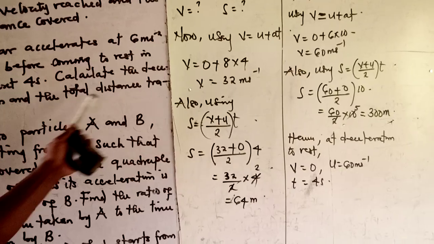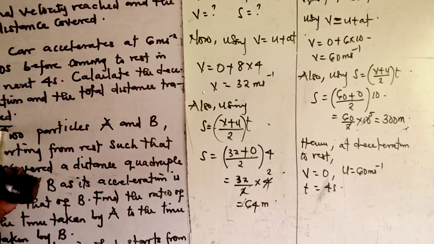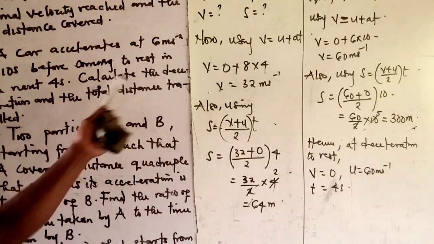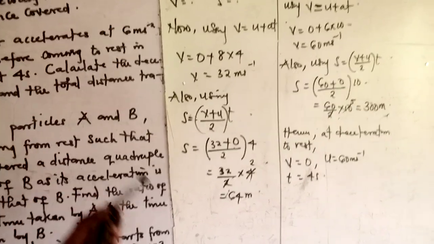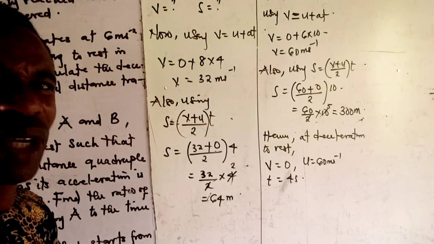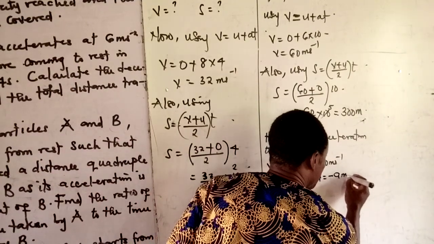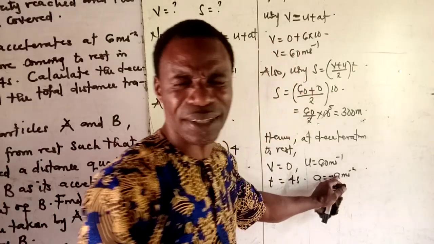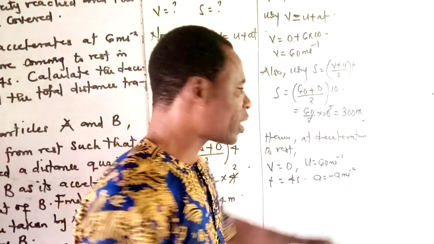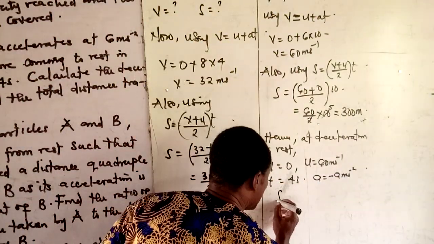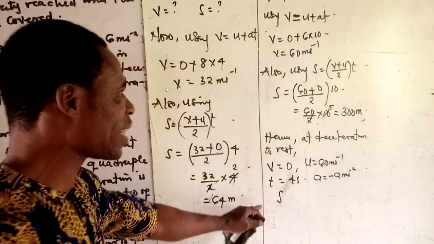Calculate the deceleration and the total distance traveled. Definitely the deceleration, looking at the deceleration, your deceleration A is minus a meters per second squared. It is negative. Total distance covered, we want to see distance at deceleration.